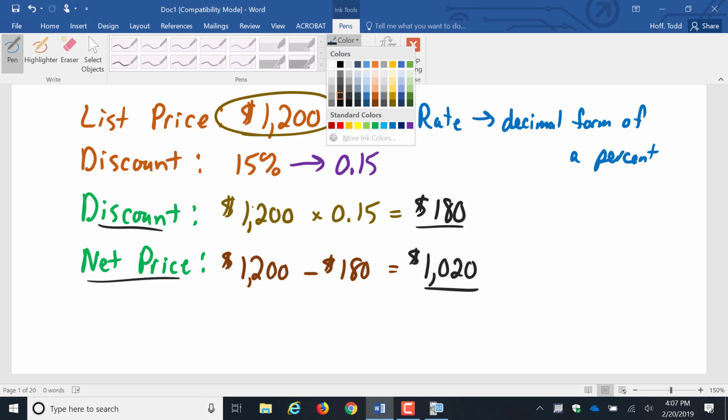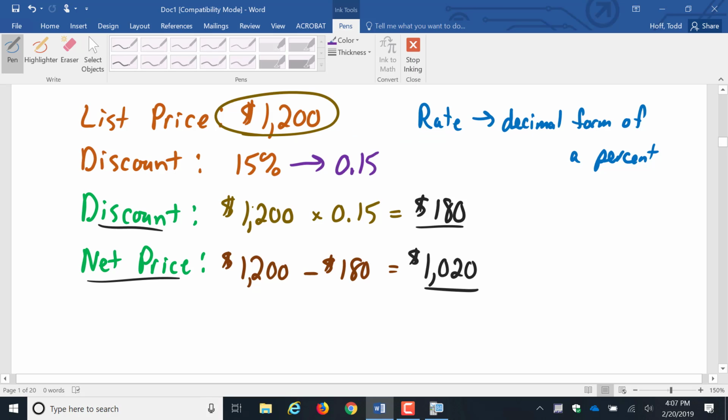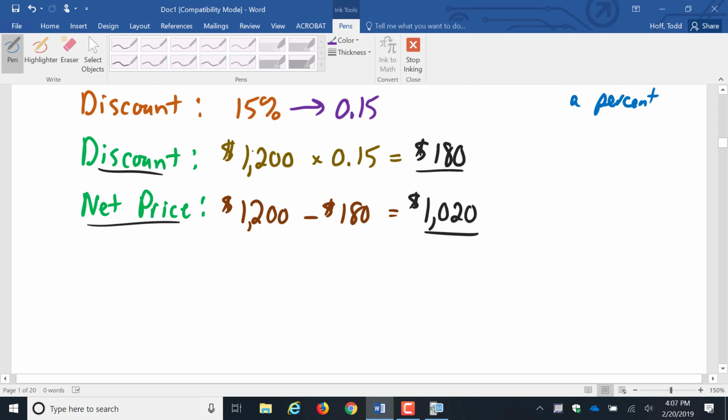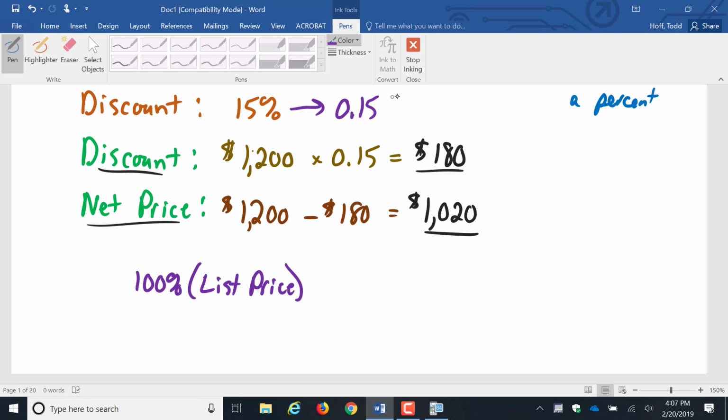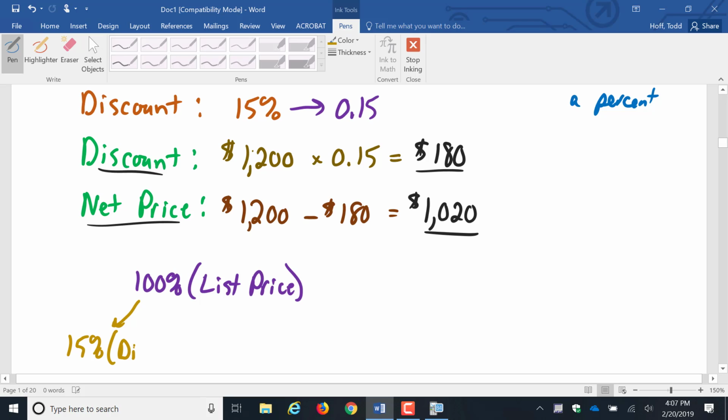But another way we could look at it is to use complements. What complements are is when we're dealing with percents, we have that net price up here, the full amount, that's 100%. So in this case, that's the list price, the full amount. And we've taken from that a 15%, which is our discount.